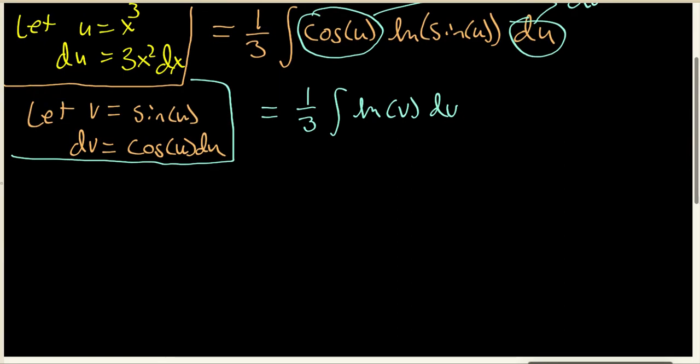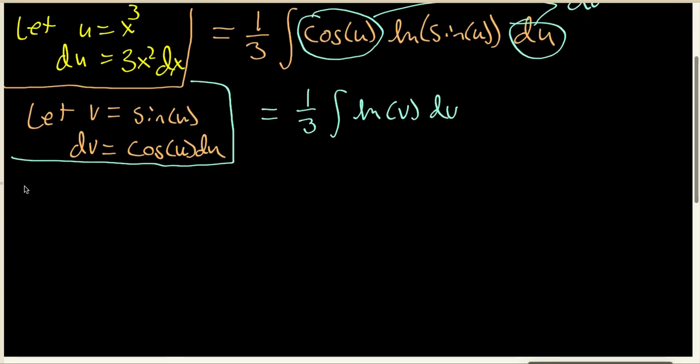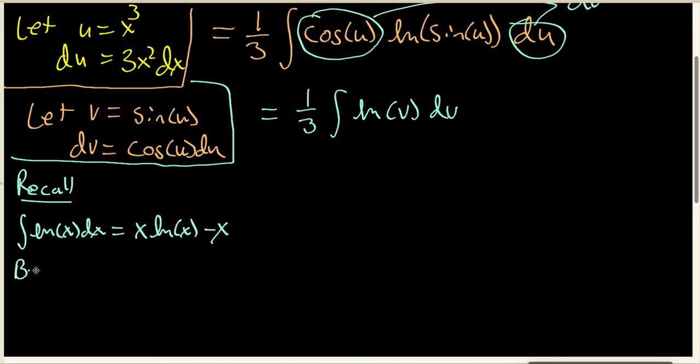Now at this point, I want to remember something from the first day of class. I want to recall that on our list of known antiderivatives, the antiderivative of the log turned out to be x times the log of x minus x. And the reason why was that when we found the derivative of x times ln x minus x, that simplified to log of x.